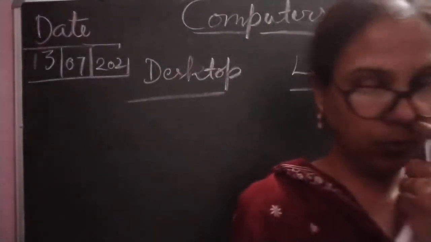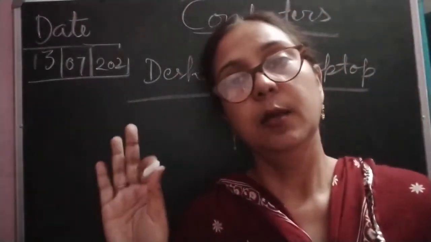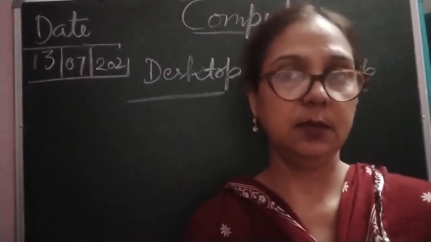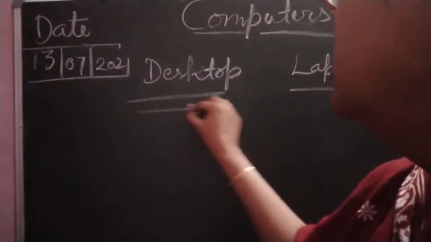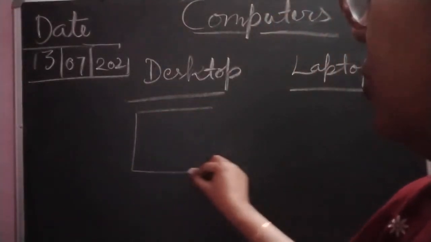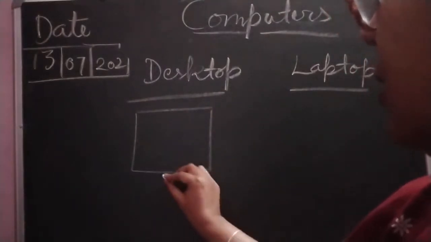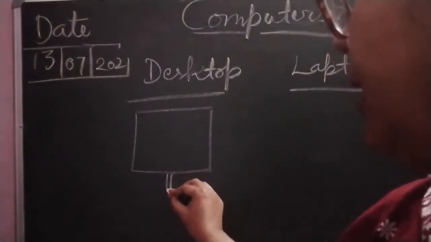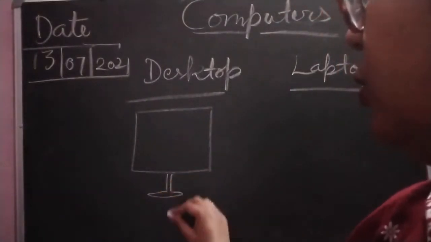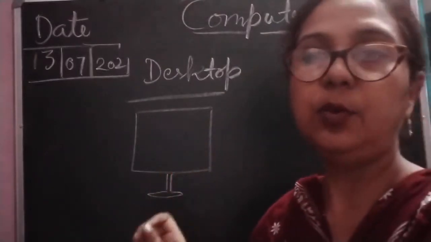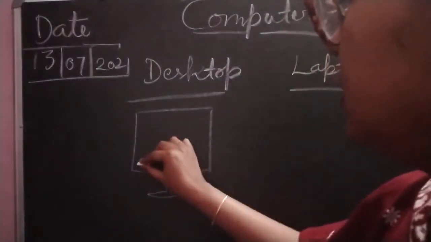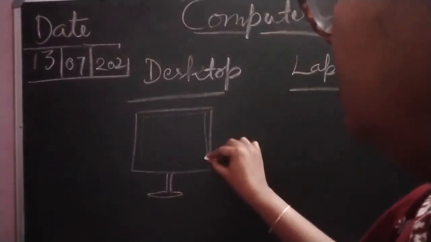It is the computer which we can place on desks. Okay children, this is a computer that we can set on a desk. That is called a desktop, children.